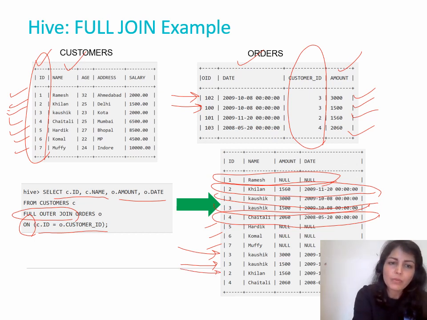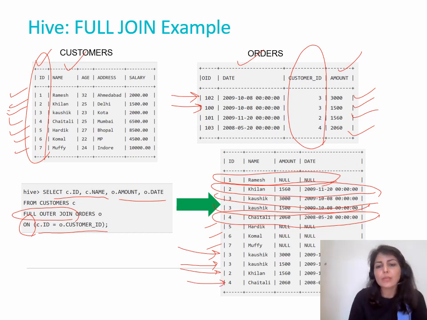Customer number 4, matching value on the left side? Yes, there is. So, as you can see, it's the union of the outputs for the left outer join and the right outer join. If you union the result of the left outer join with the result of the right outer join, it would be the result of the full outer join.